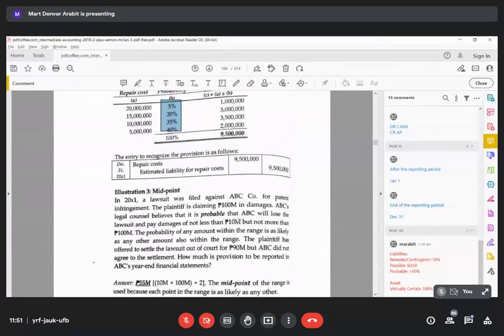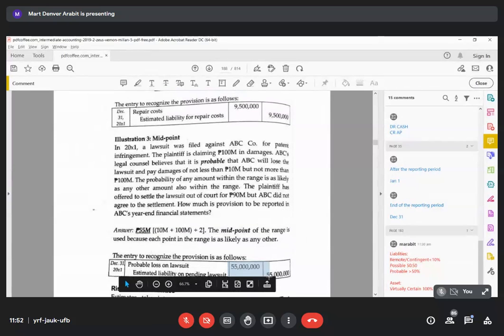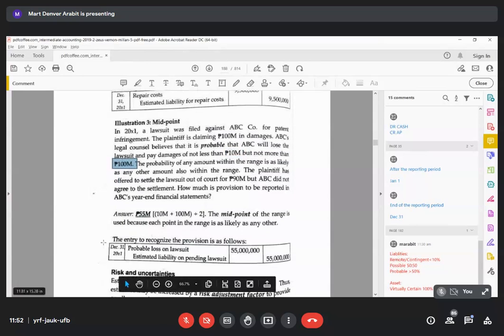Let's say 10, 20, 30, 40, 50, 60, 70, 80, 90, 100, so each of them has 11.111% chance of being the amount that will be paid. Still, you will fall at 55 million here, which is the midpoint. So in that case, just take the lower and higher range, then average them. That's it. You will have 55 million.